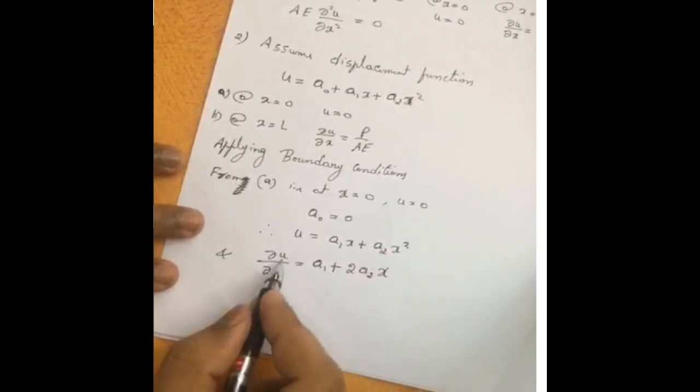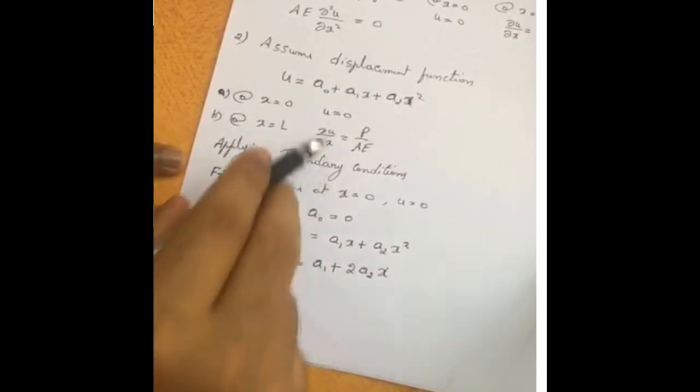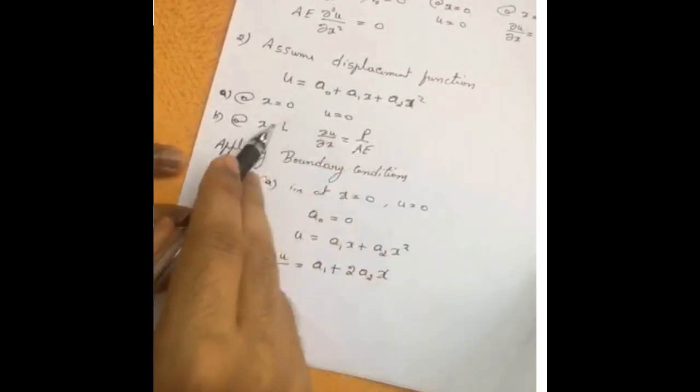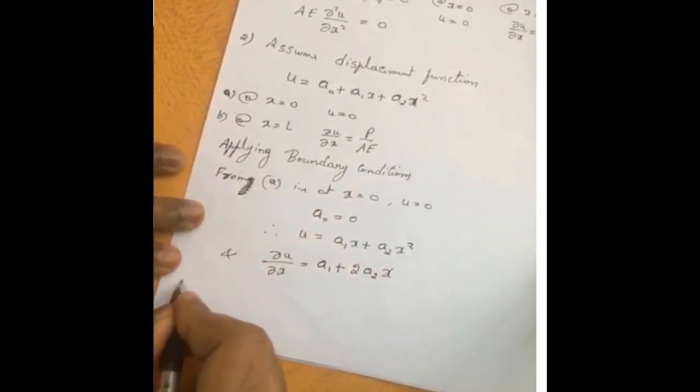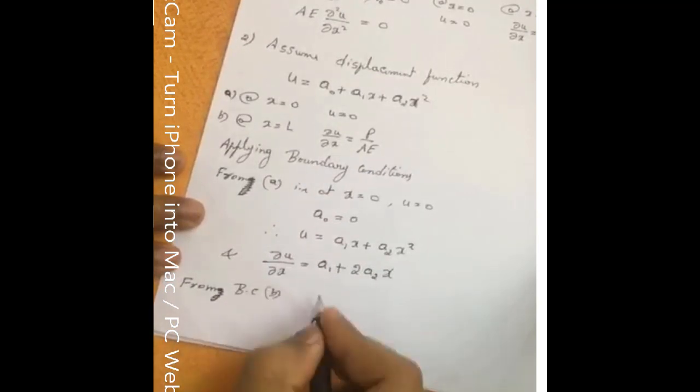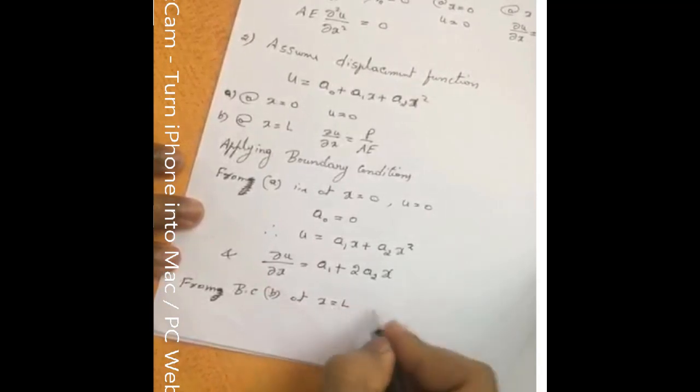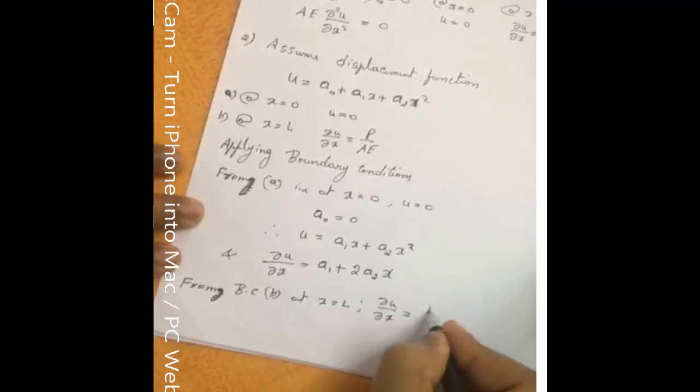We know that dou u by dou x is nothing but P by AE at x is equal to L. From boundary condition B, at x is equal to L, dou u by dou x is equal to P by AE.